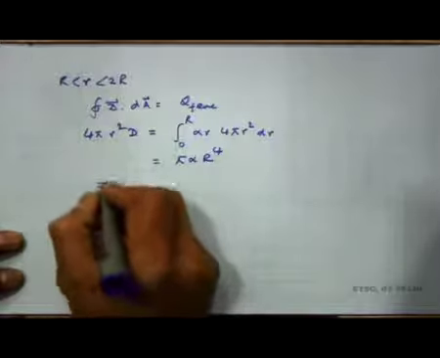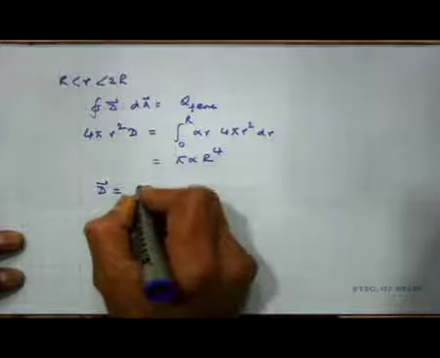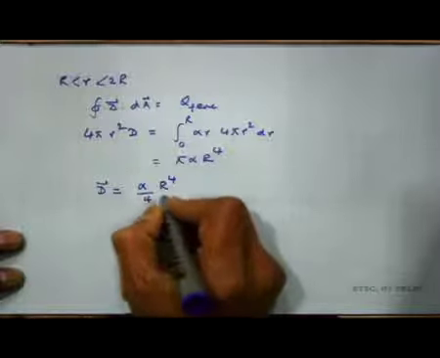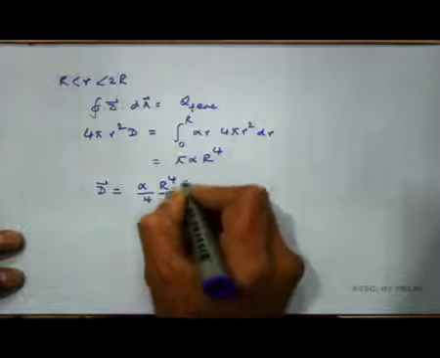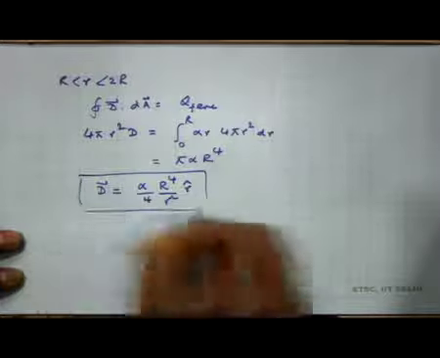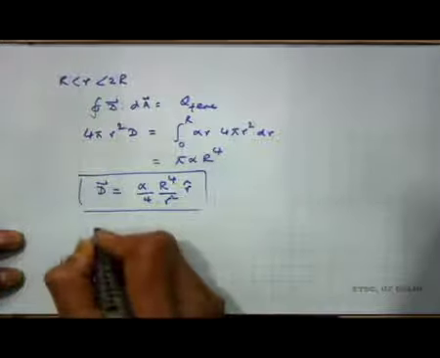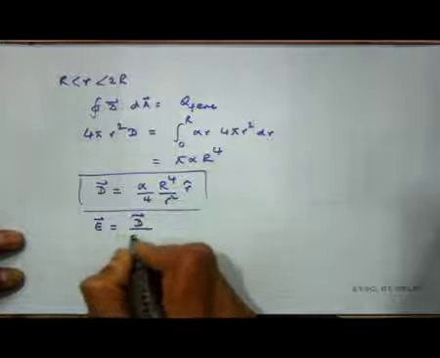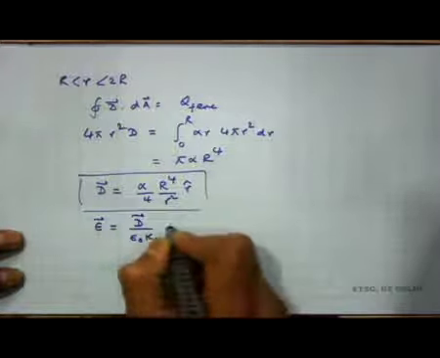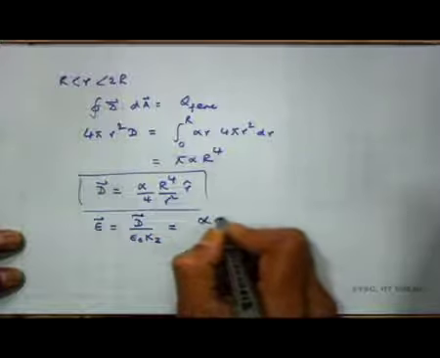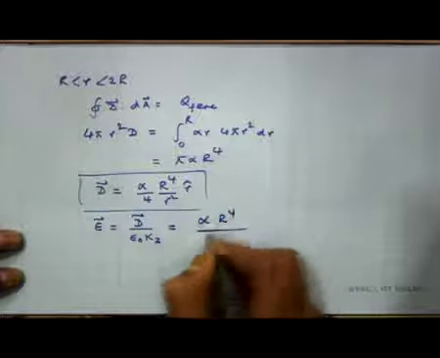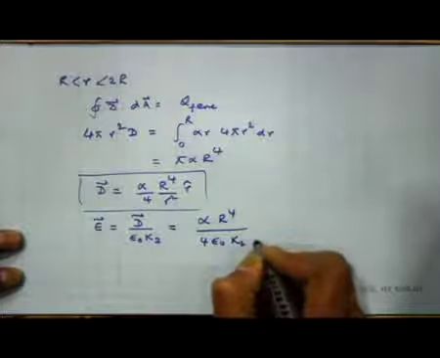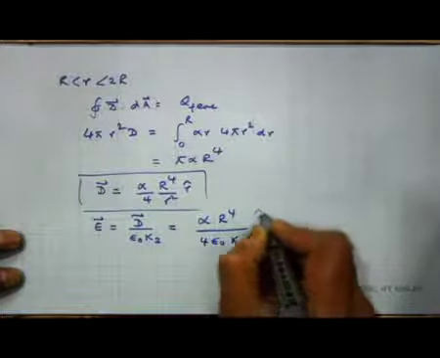So, I can write an expression immediately: D vector is equal to alpha R to the power 4 by 4 r squared r cap, and E vector is equal to D vector by epsilon 0 K2, the dielectric constant. So, this is alpha R to the power 4 by 4 epsilon 0 K2 r squared r cap.